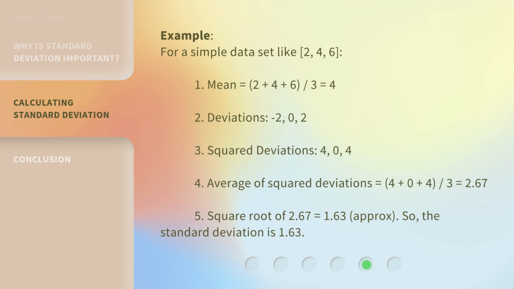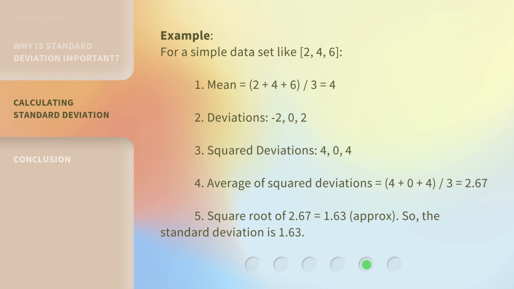Example: for a simple data set like 2, 4, 6. 1. Mean equals (2 plus 4 plus 6) divided by 3, which equals 4. 2. Deviations: minus 2, 0, 2. 3. Squared deviations: 4, 0, 4. 4.